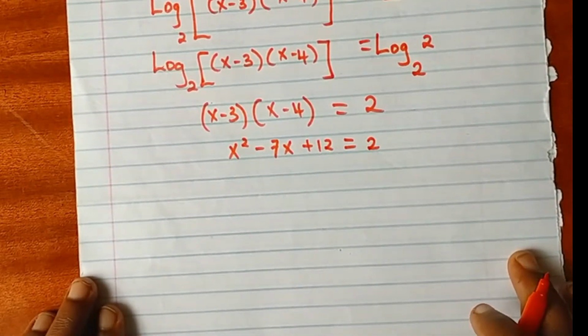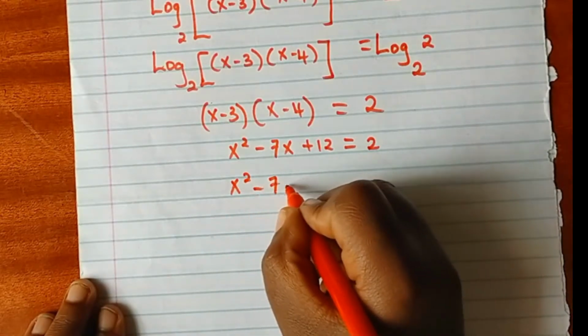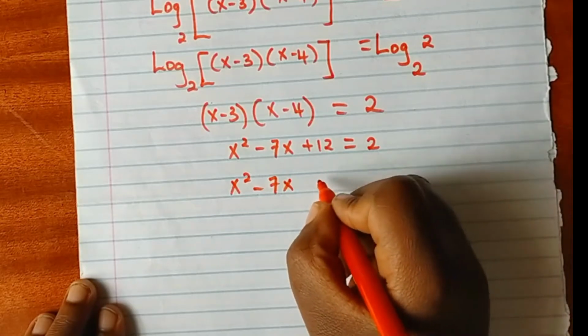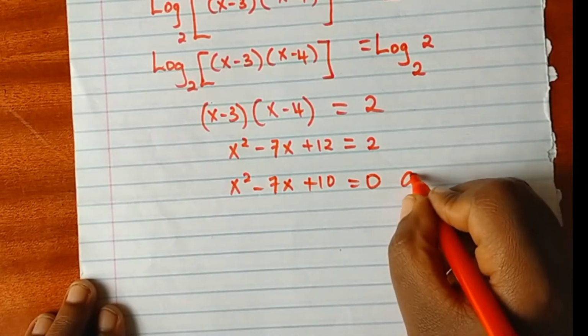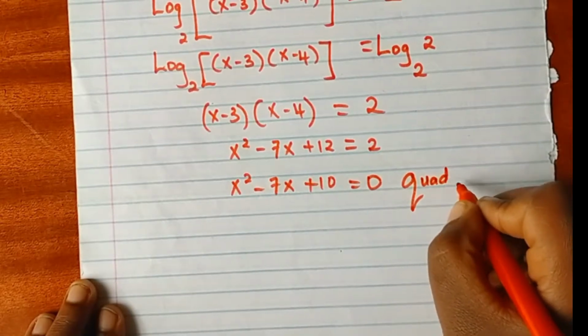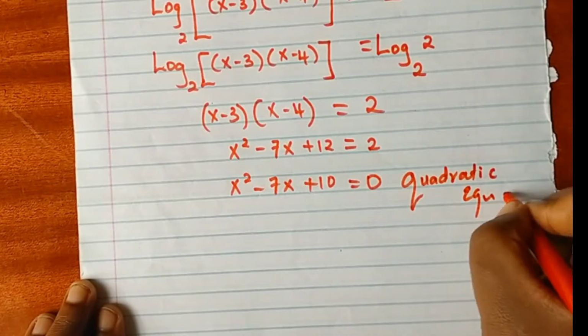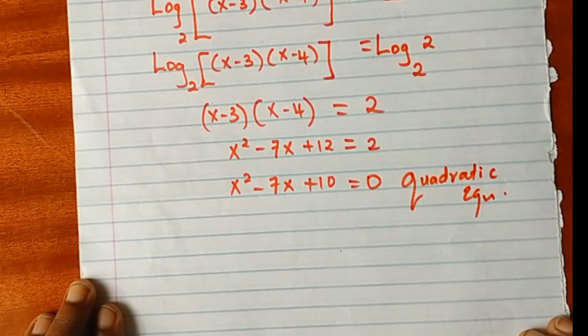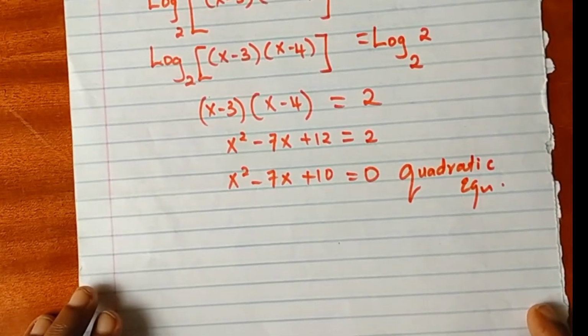So putting the terms together, we'll eventually have x squared minus 7x plus 10 is equal to 0. This is a quadratic equation, and you can use one of the techniques that you've learned to solve it.